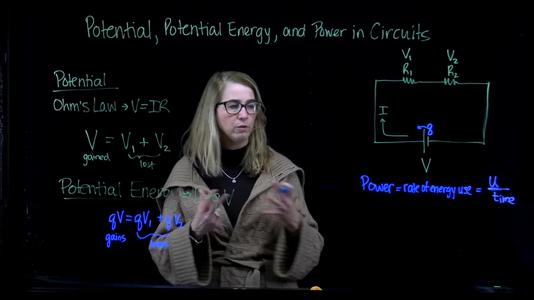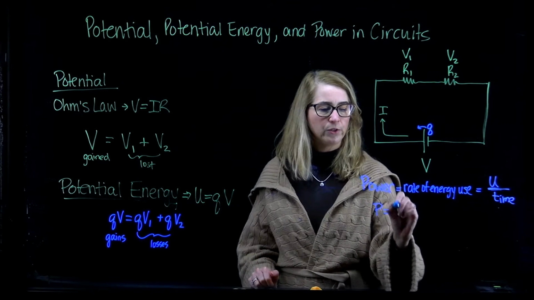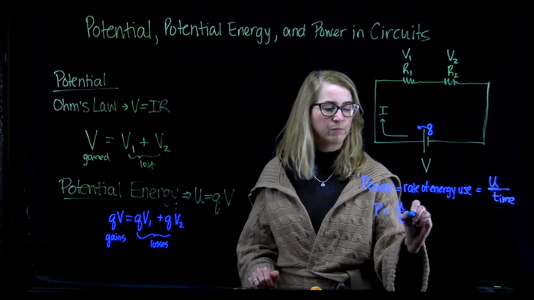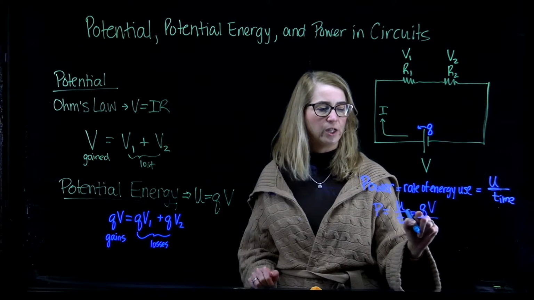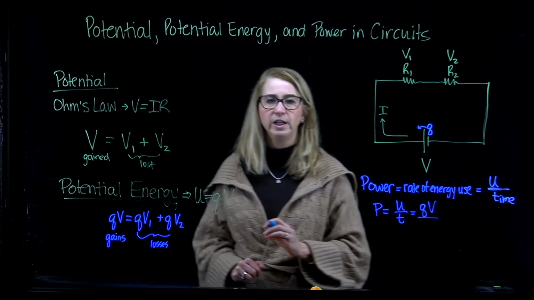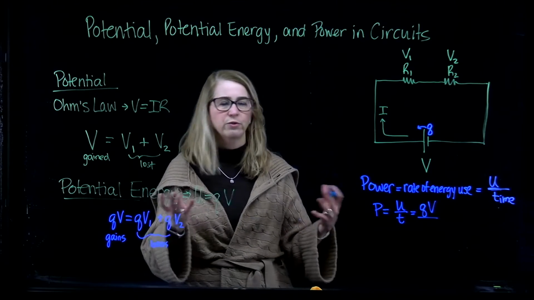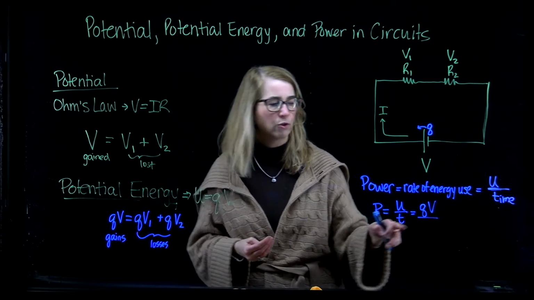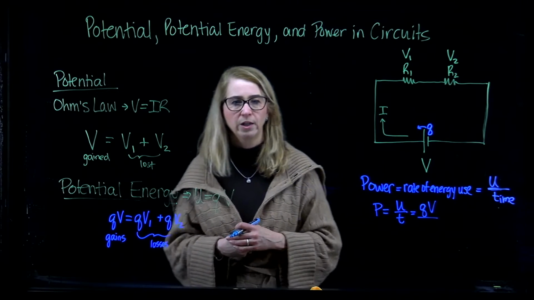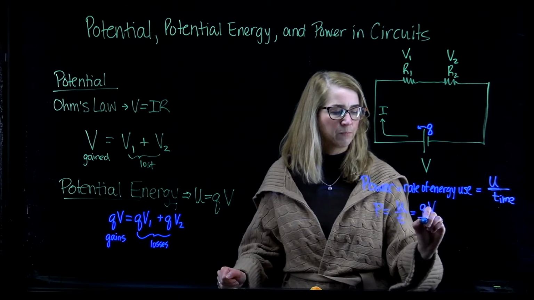And so if you think about this in general, if we say power is the U over the time, and we just in general were calling the change in potential energy equal to Q times V, we're not using all the deltas just for simplicity's sake.